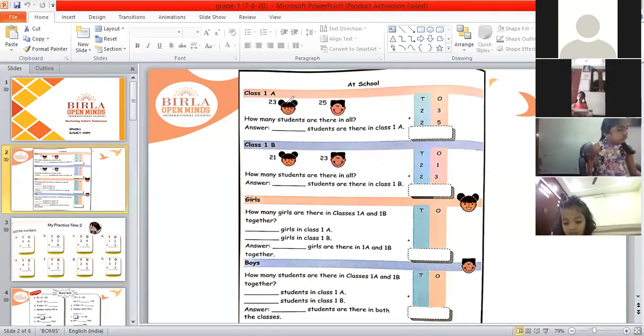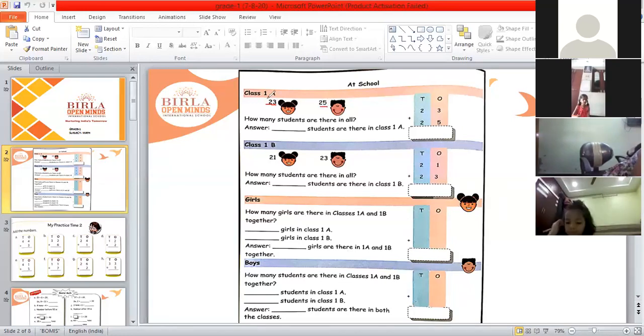Okay, now children, look in your book. You all can see here that girl picture is there, and above that you can see on left hand side 23 is written there. So this means there are 23 girls and how many boys? 25 boys.